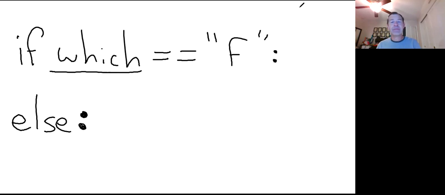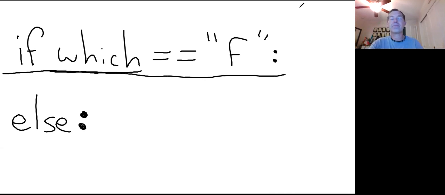If it's not F, so if this is a condition, this right here, this whole thing, so if which is equal to F, then I know that which has F in it and that I can do the stuff for Fahrenheit.